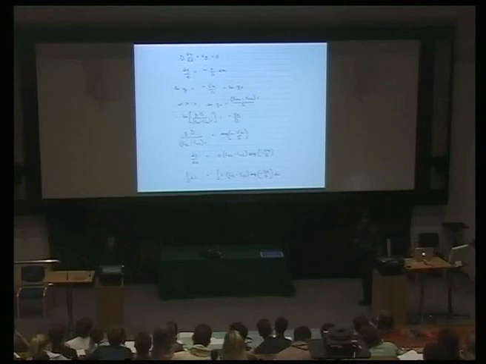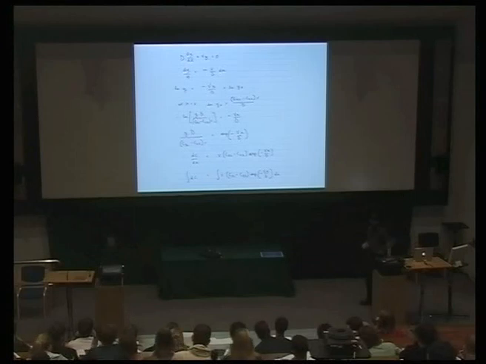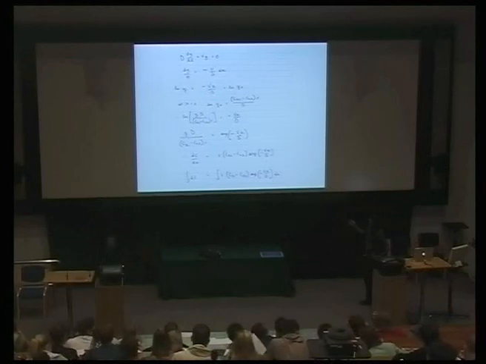Okay? Is everybody happy with that substitution? Yeah. So I can then rearrange this equation as dy over y is equal to minus v over D into dx. Okay, that's just a rearrangement from here.